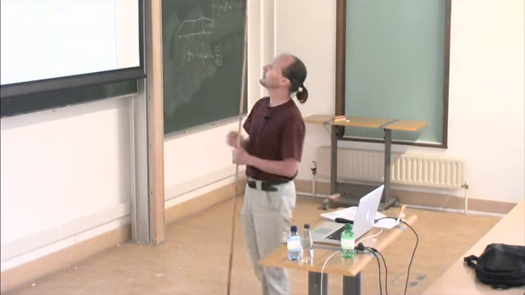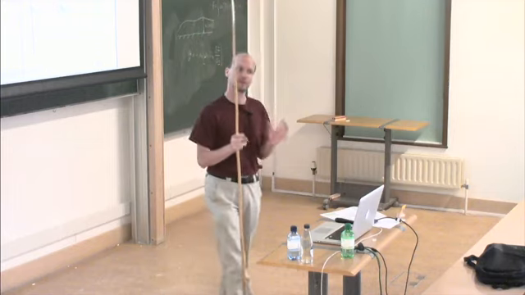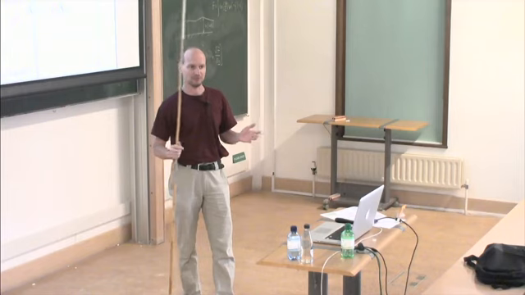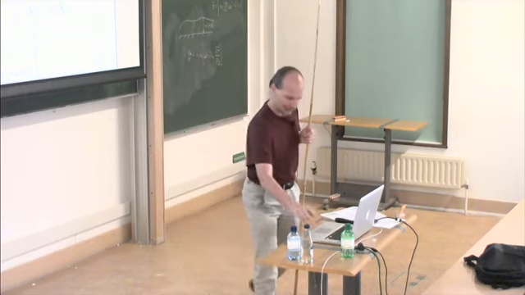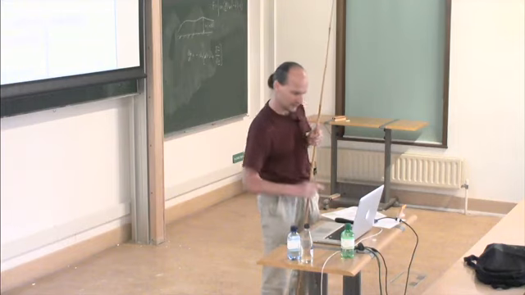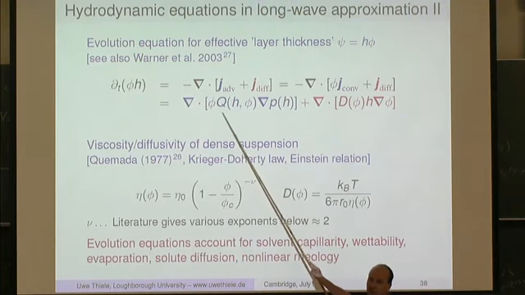Now, but there is a trap here, because this phi here is really a conserved quantity, because it's a concentration in 3D space, right? However, what was the phi? How did I introduce this phi in this equation? I said this phi is a vertically averaged concentration, right?